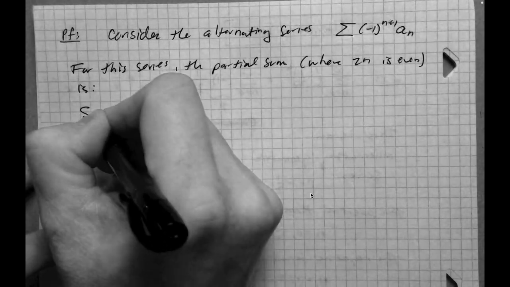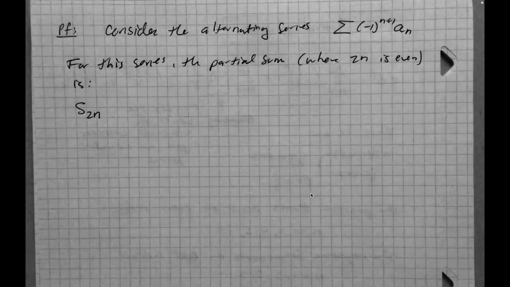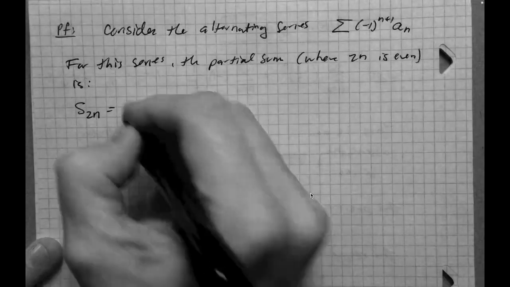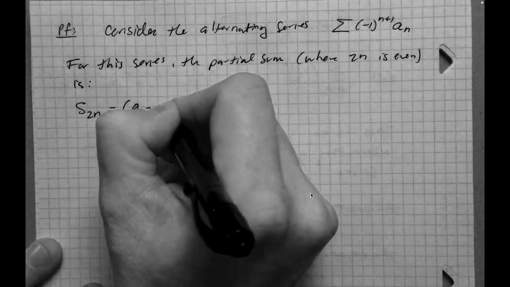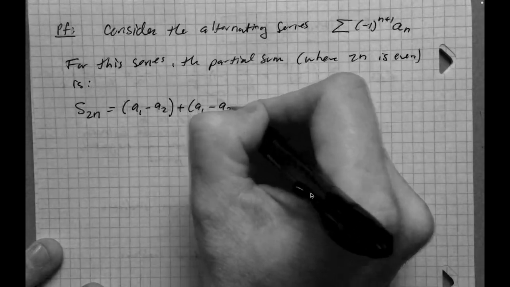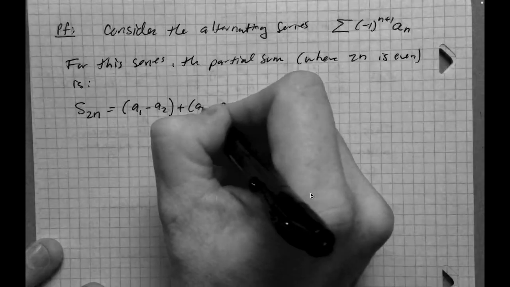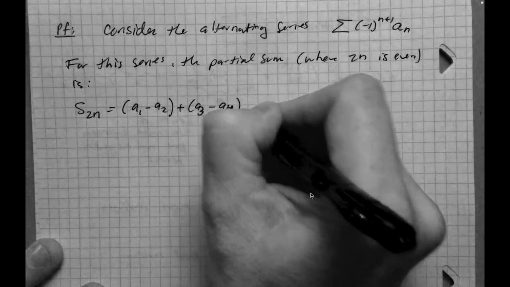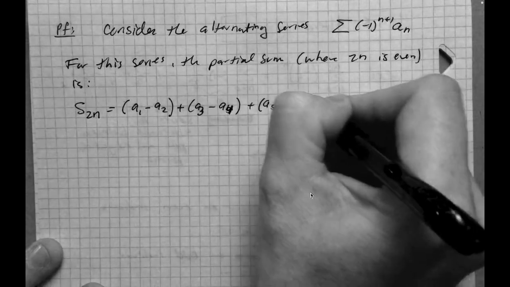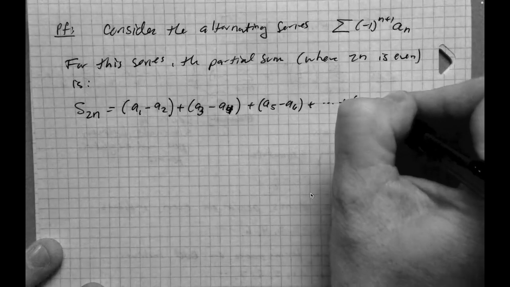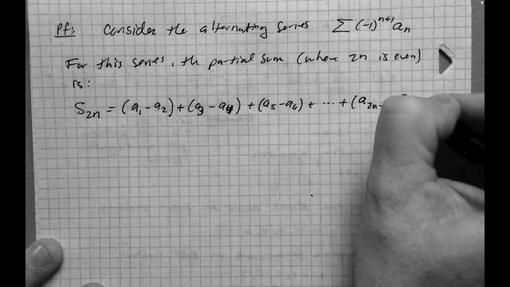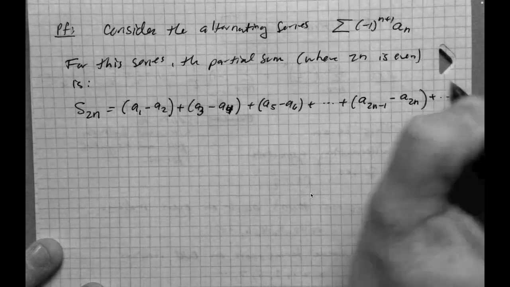If we have s of 2n, this is going to be equal to a1 minus a2 plus a3 minus a4, plus a5 minus a6, plus dot dot dot plus a of 2n minus 1 minus a of 2n. And so on, it just continues.